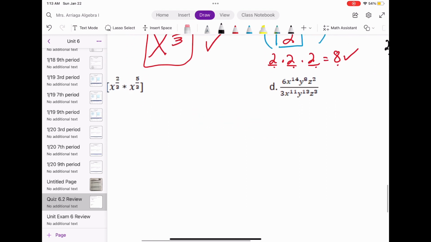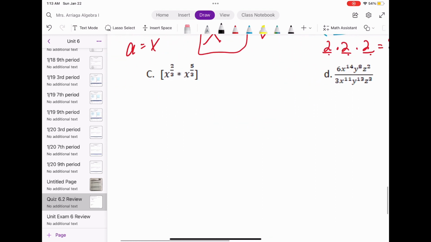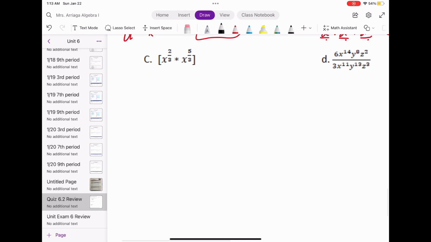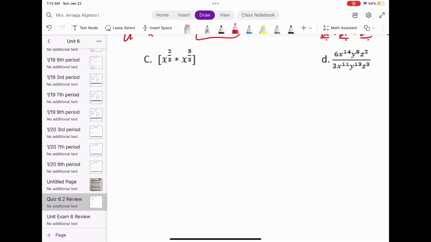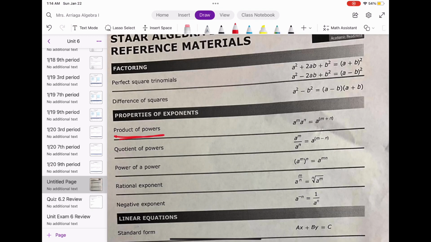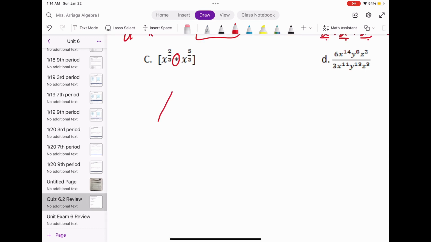Let's work on letter C. So letter C is an exponential property, right? That's the product of powers. And product of powers says when we multiply 2 bases that are the same, we only keep one base and the exponents add up. So let's keep that one base and let's add up the exponents.